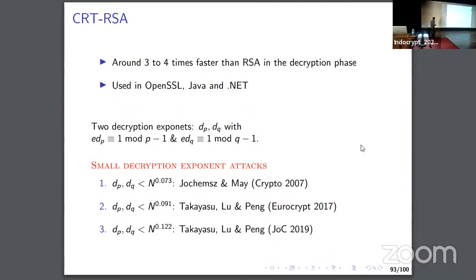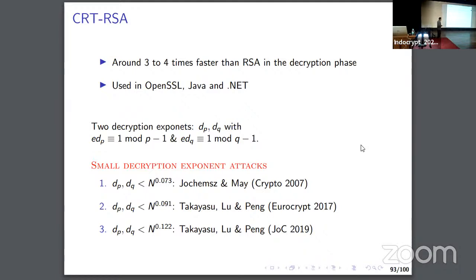And like RSA, people also tried to analyze when dp and dq are really small. Jochemsz and May in Crypto 2007 proved that whenever dp and dq are less than n to the power 0.073, then you can factor n in polynomial time. So whenever your n is 1000 bits, and if both dp and dq are less than 73 bits, then you can factor.